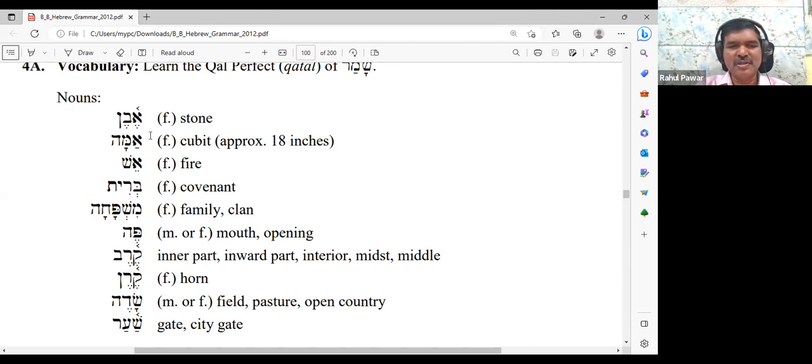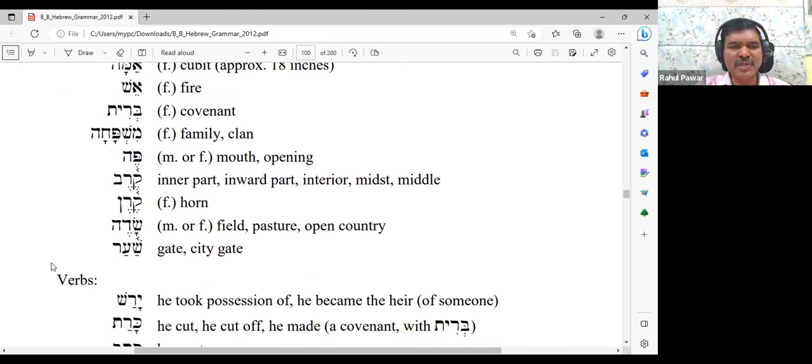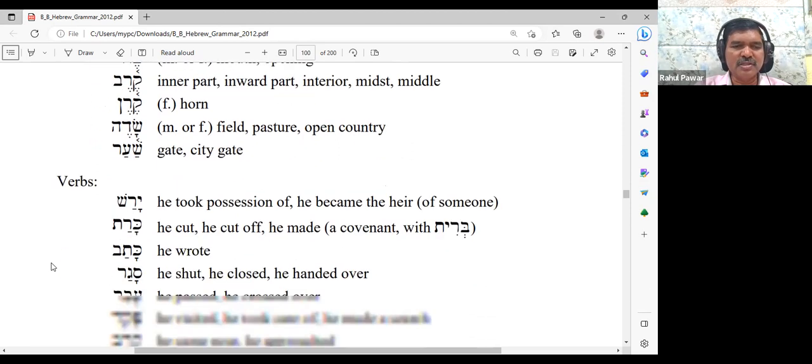So vocabulary: even, stone; amma, cubit; esh, fire; berith, covenant; mishpacha, family, clan; peh, mouth, opening; qerev, inner part, inward parts, interior, midst, middle; qeren, horn; sadeh, field, pasture, open country; and sha'ar, gate, city gate.